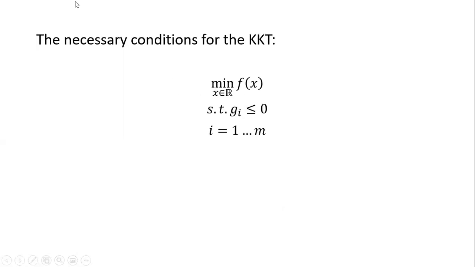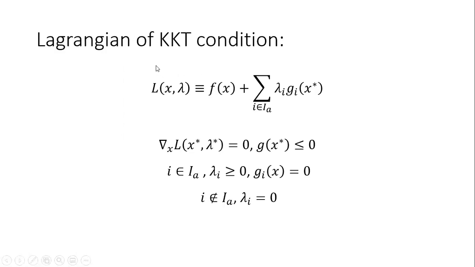Now we want to see the necessary conditions for the KKT. The Lagrangian of the KKT condition is the Lagrangian we saw, and the gradient of the Lagrangian equals 0 in the feasible area where all constraints are less or equal 0.